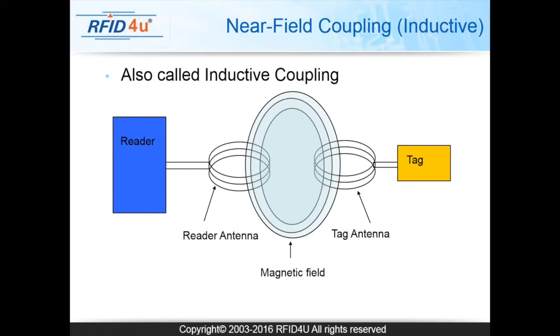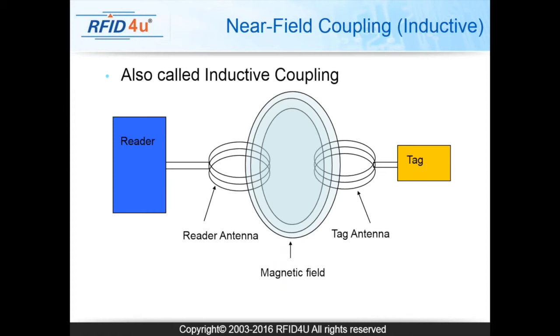So following that same concept, if you create the magnetic field and now you put a tag in it which has a coiled wire on it, if you remember all the HF inlays have the coiled antennas, if you put that coil antenna inside the magnetic field, then that will create power, which will power the chip and give you the communication means.